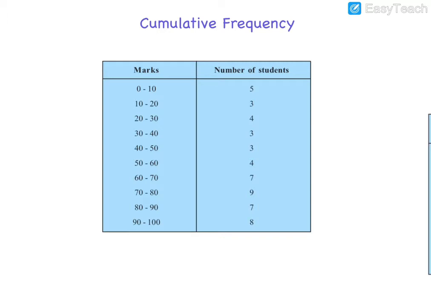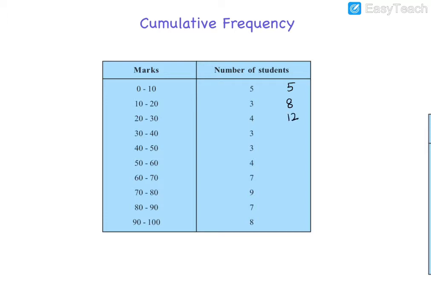Likewise, students who obtained marks in the class interval 20 to 30 are 4. But students who obtained marks less than 30 will include the class interval 0 to 10, 10 to 20 also. So the answer will be 5 plus 3 plus 4. So students who obtain less than 10 will be 5, students who obtain less than 20 is 8, students who obtain less than 30 is 12.